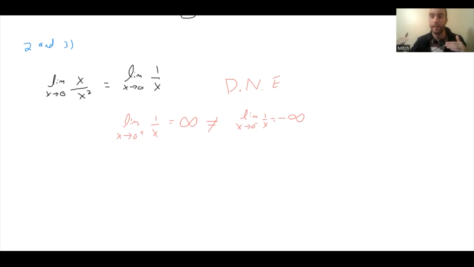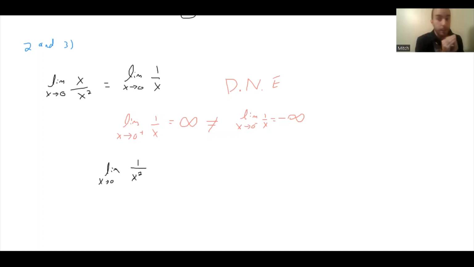So what's the limit of x approaching 0 of 1 over x squared? Since x is being squared here, we know that if x is slightly above 0, this whole thing is positive.